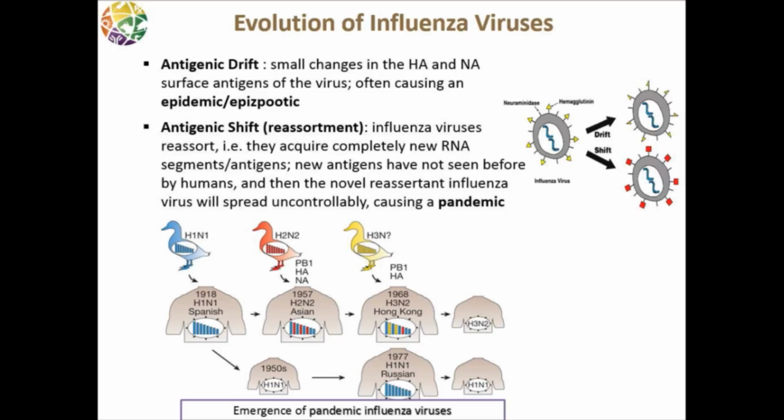Another mechanism, due to the segmented nature of the virus genome, is antigenic shift, when during co-infection viruses exchange segments, and as a result a totally new antigenic variant of influenza emerges. If this newly emerged variant is pretty much novel to the environment and goes into a pretty much naive population, it spreads really fast among susceptible species, which causes pandemics.